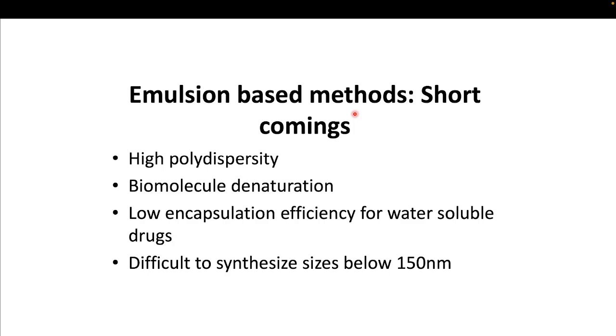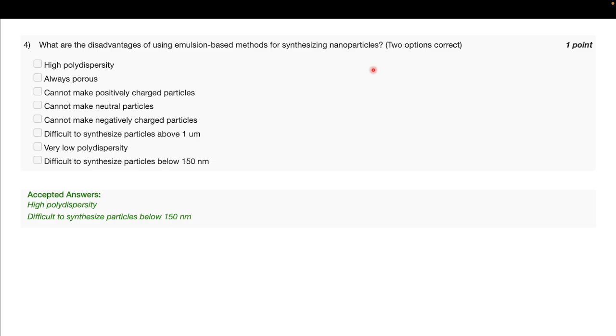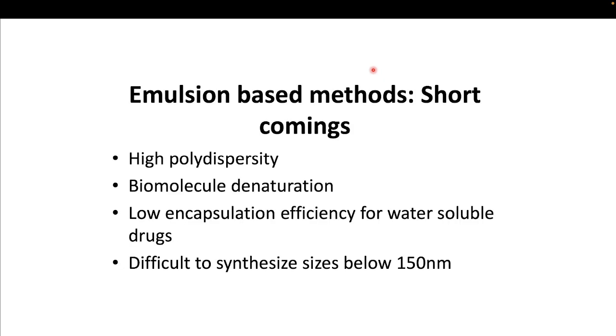And also it is difficult to synthesize sizes below 150 nanometer, because at some point your energy is going to get saturated. No matter how much energy you give, there'll be a point where you can't go below 150 nanometer. The particles will be either 150 nanometer or above. So these are a few shortcomings of the emulsion based methods.